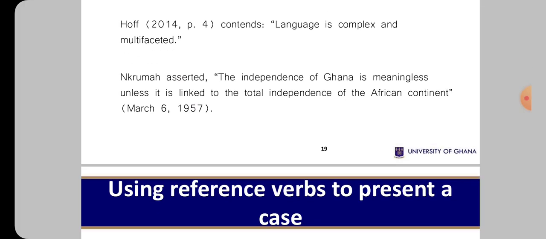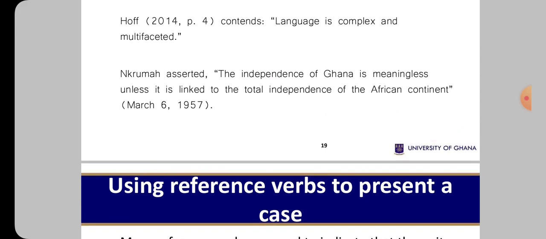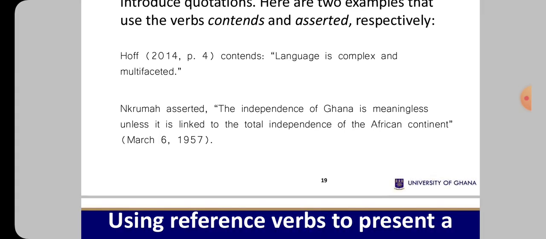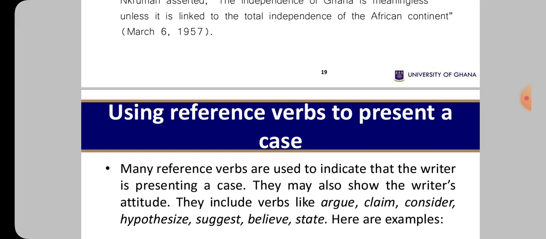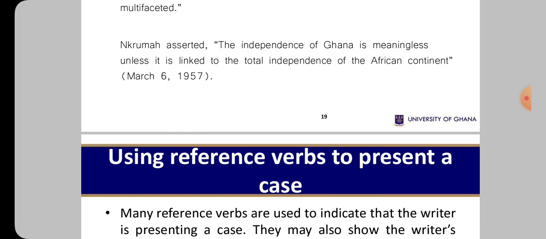Another one: Nkrumah asserted, so asserted is a verb of reference. Independence of Ghana is meaningless unless it is linked to the total independence of the African continent. That is March 6, 1957. So you get it. Asserted, argued, all of them are verbs of reference.